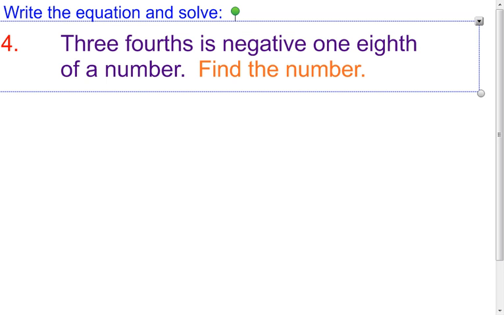All right, so here we go. 3/4, that's a fraction, is typically means equals negative 1/8, so negative 1/8 of a number. Of, in math, typically means to multiply, and I don't know the number, so I will call it x.